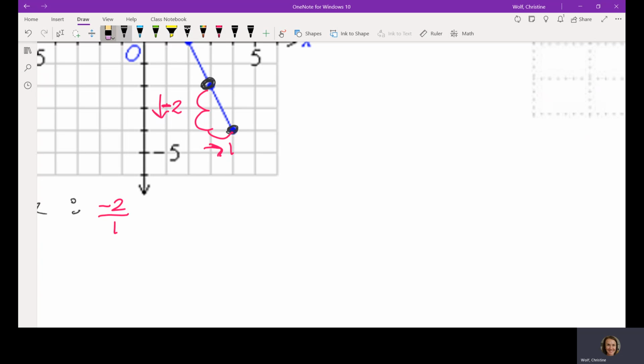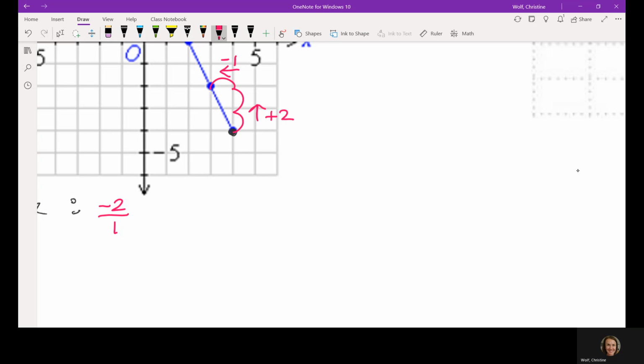Now you have another option, depending on where you start. If you want to start here, to get to the next point, you would rise 2. So we're going up, so that's positive 2, right? But now we're going to the left. And when you run to the left, that's negative. All right.